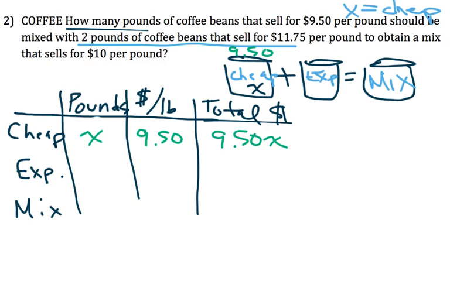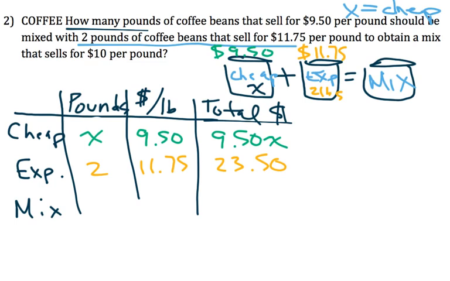And for the expensive one, we do know how many pounds we're going to get, so I'm going to put 2 pounds, and we know that that's going to be $11.75. So here I am writing 2, and then $11.75, and here we'll write $23.50. If you're not sure where that came from, just multiply those two numbers.